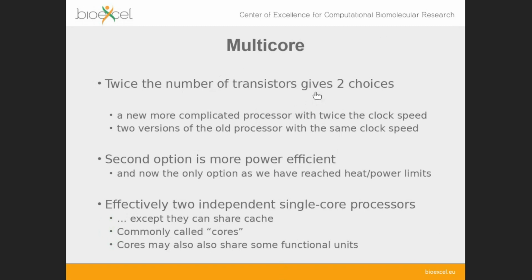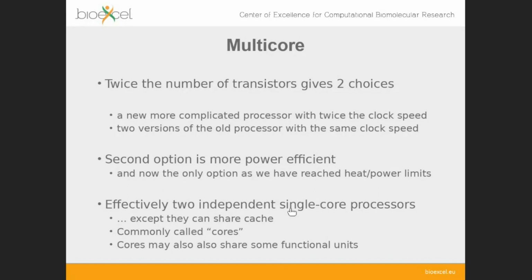So the second kind of processor performance improvement is multi-core processors. The idea is that if you have twice the number of transistors, then you either build twice the clock speed, which is no longer possible, as we said, or you could build just 2 processors, build more processors. And the second option is more power efficient.